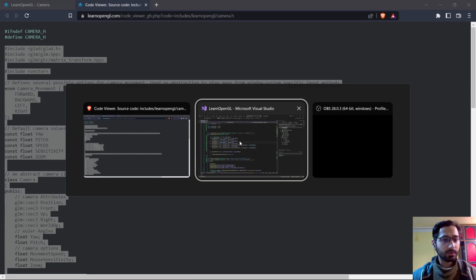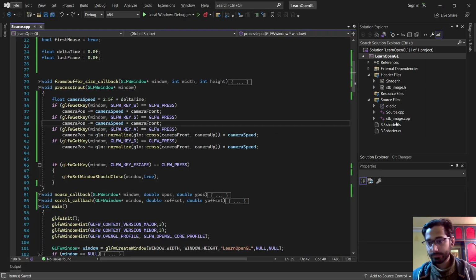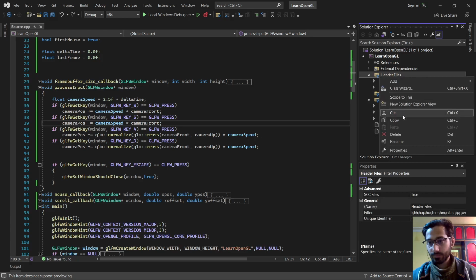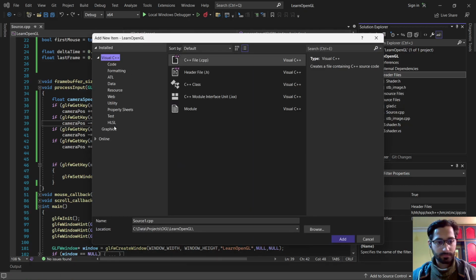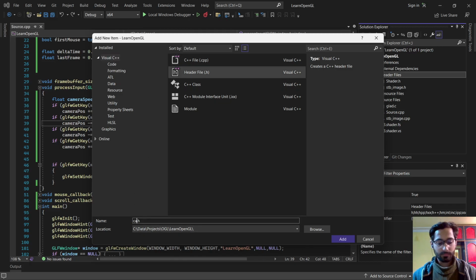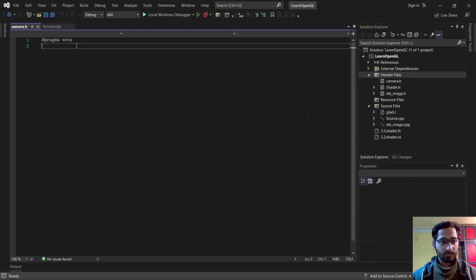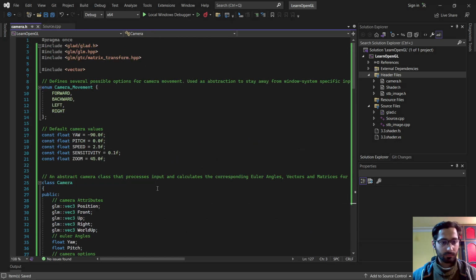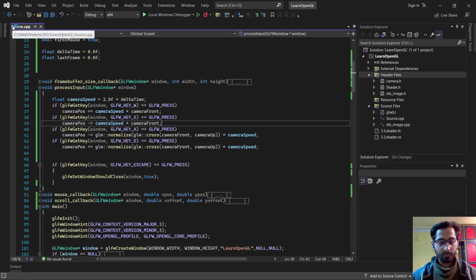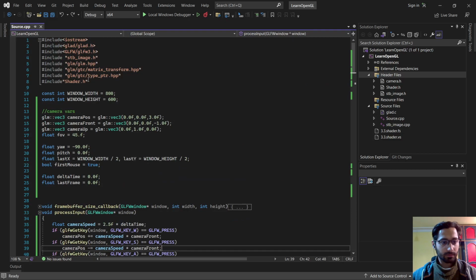Okay, what is it called? Camera header. All right, let's include that here.